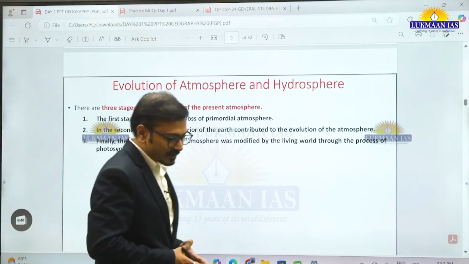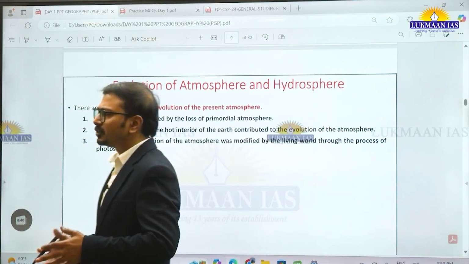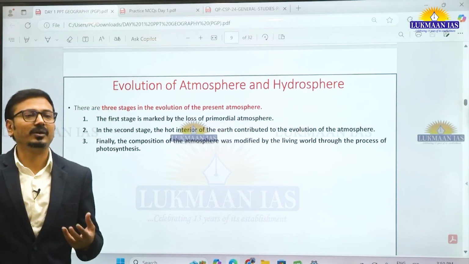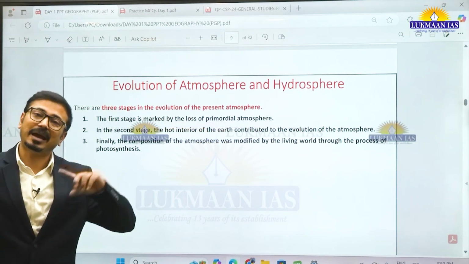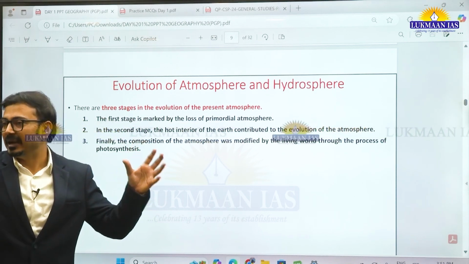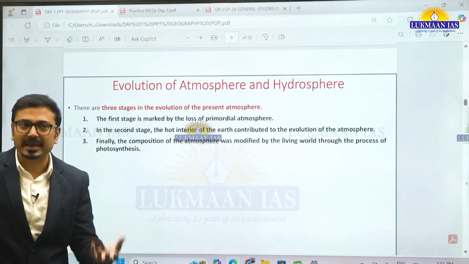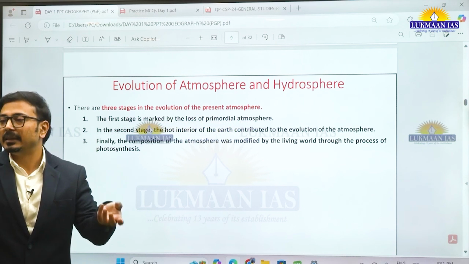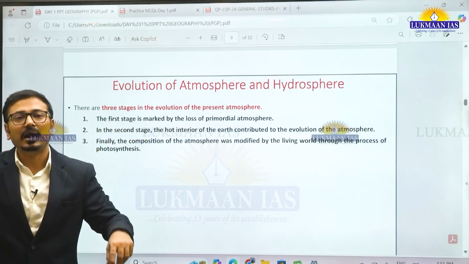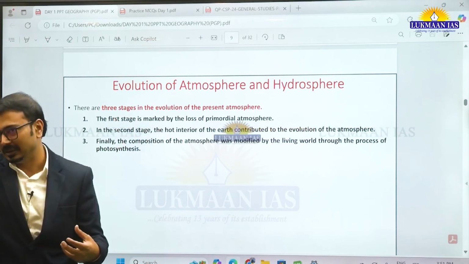Thereafter, we should understand the formation of the hydrosphere also. So hydrosphere, so water. Water vapor was not available in the primordial atmosphere largely. That water vapor was made available through the degassing phenomenon. Through degassing, water vapor came out through volcanic eruptions, and that resulted in condensation, cloud formation and precipitation, and over a period of time the hydrological cycle formed on the earth's surface.